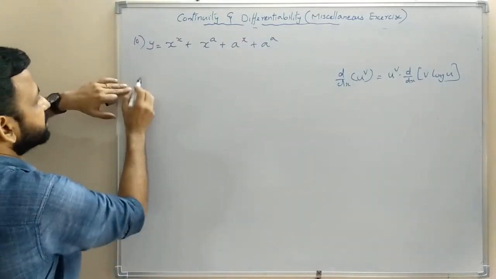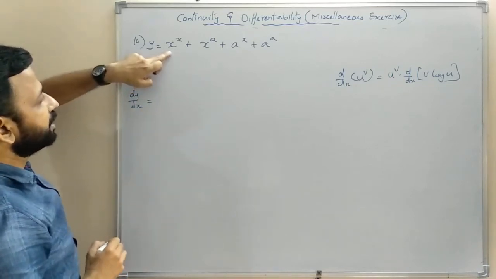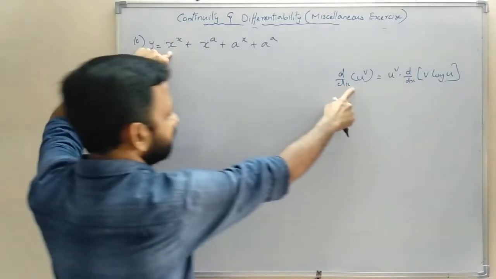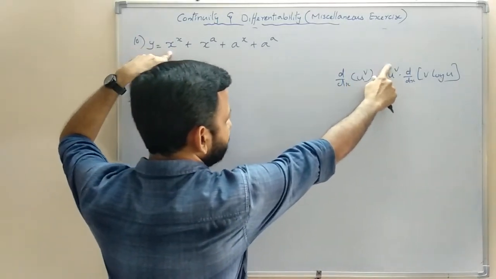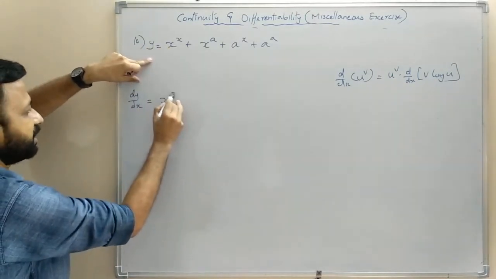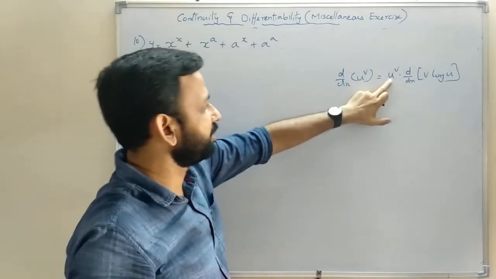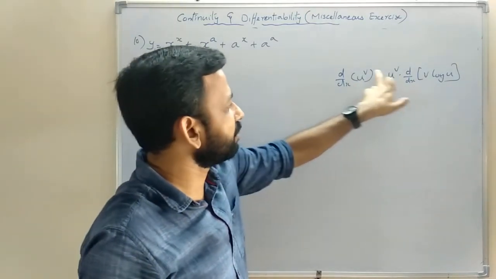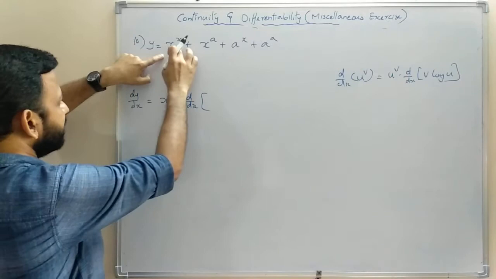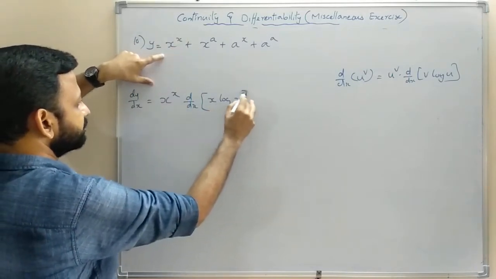So dy by dx is equal to d by dx of x raised to x. d by dx of u raised to v is equal to u raised to v into d by dx of v log u. So by using that formula, x raised to x into d by dx of x log x.